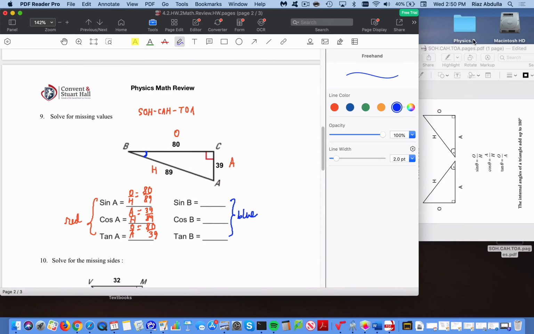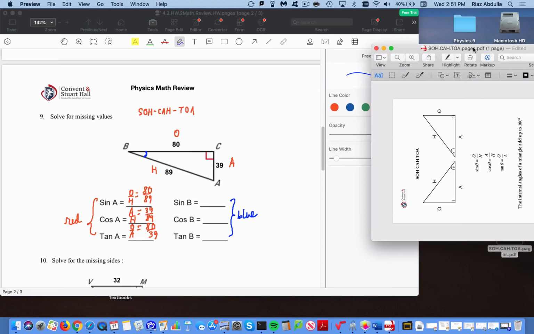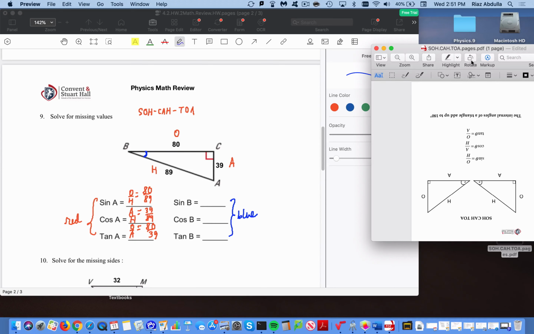And so we're going to take a look at the sheet with the SOHCAHTOA written on it, and we're going to rotate. So now I've spun it around. Now notice, if I look at these two triangles, this angle is on the left side in the triangle. The right angle is on the right, just as it is with this triangle here.